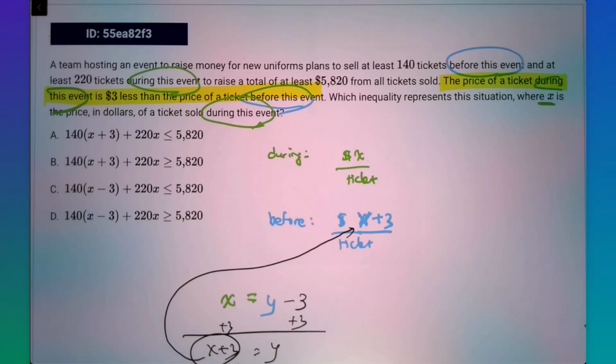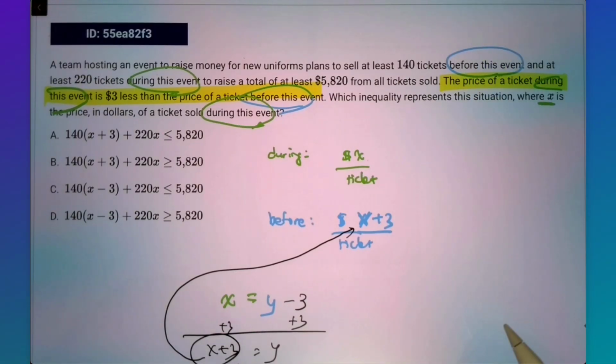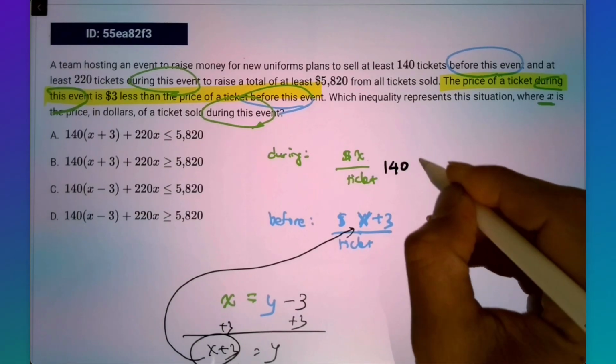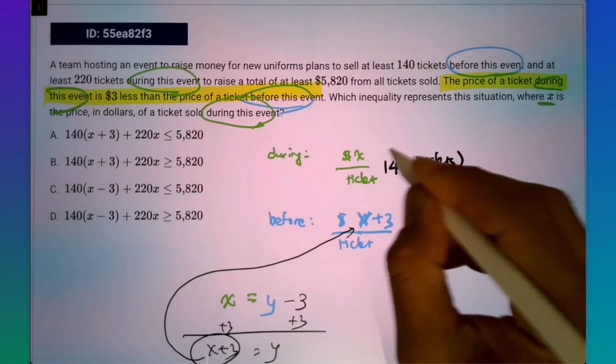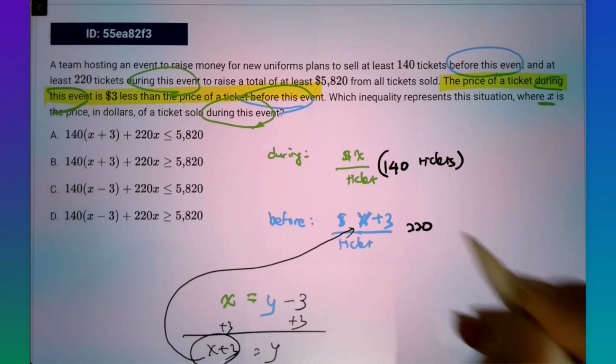So it said we want at least 140 tickets, so let's put 140 tickets. And then at least 220 tickets.